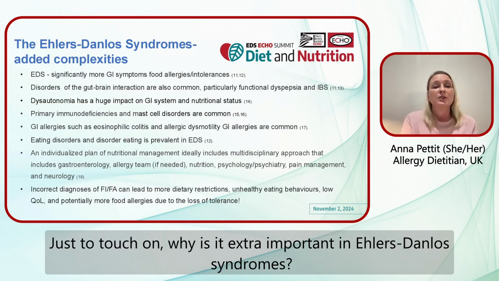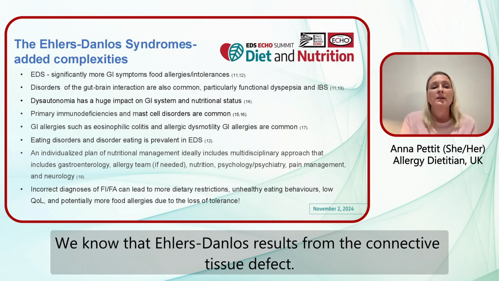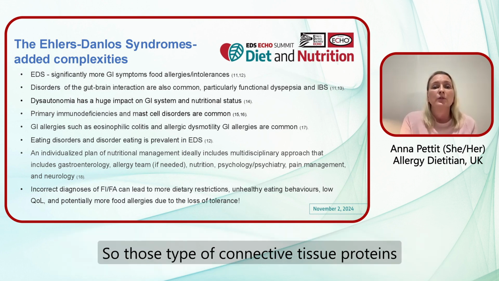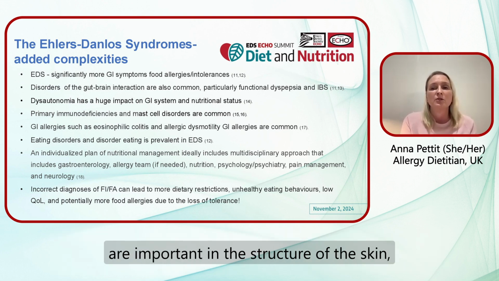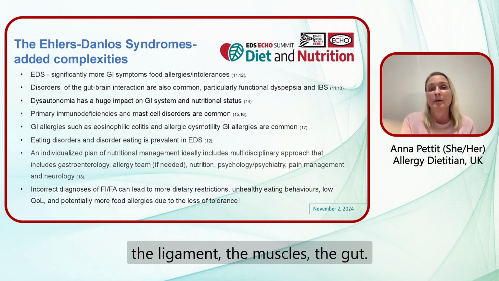So just to touch on why it is extra important in Ehlers-Danlos syndromes, we know that Ehlers-Danlos results from a connective tissue defect. Those types of connective tissue proteins are important in the structure of the skin, the ligaments, the muscles, the gut.